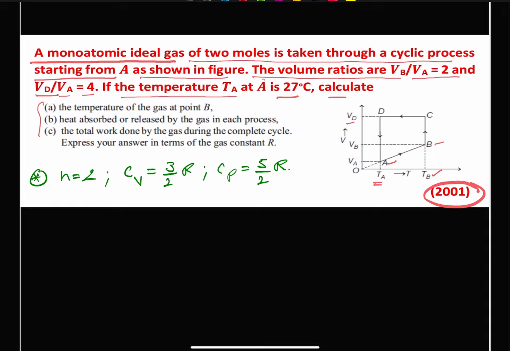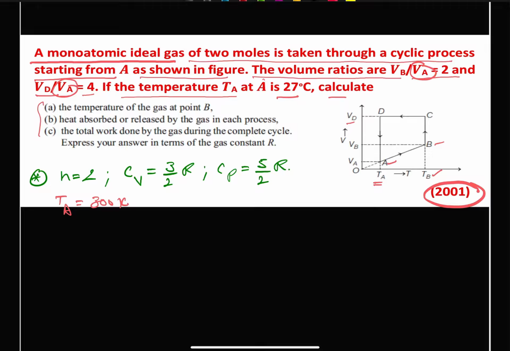And we are given the temperature at A, that is TA is 27 degrees centigrade, or we can say 300 Kelvin. We have to find out the temperature of the gas at point B. Their ratios are given, and the common reference in the ratios is VA.